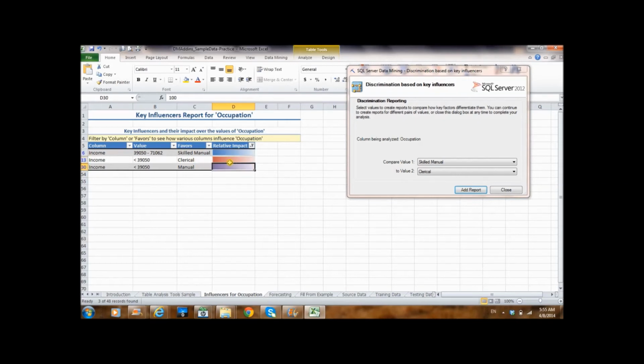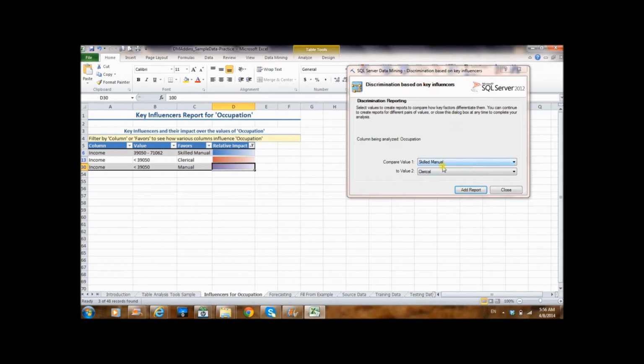So let's concentrate on these two jobs and compare what the most determining factors are. To do that, we can use a discrimination analysis.